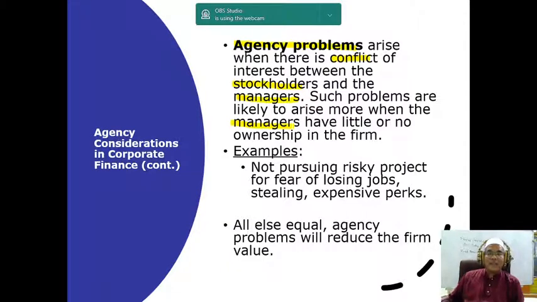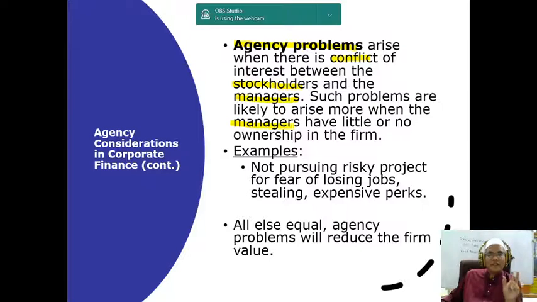There might be ada pergaduhan, pertelingkahan di antara pengurus dengan pelabur ataupun pemilik. So they have a conflict between two parties.